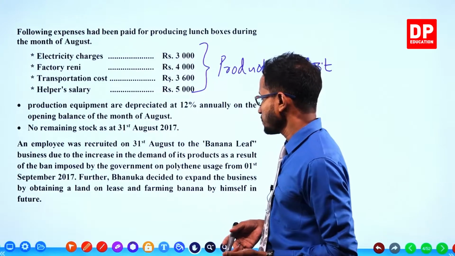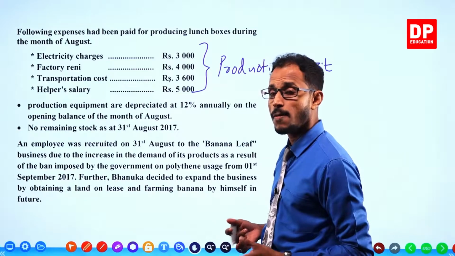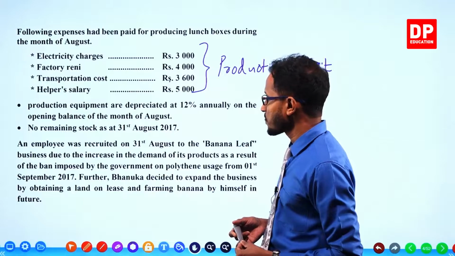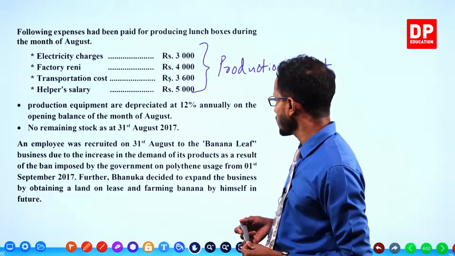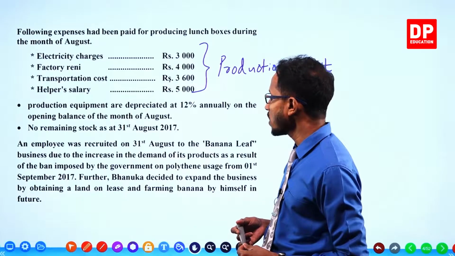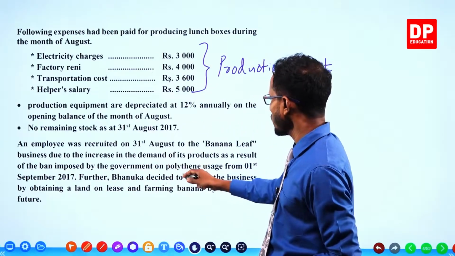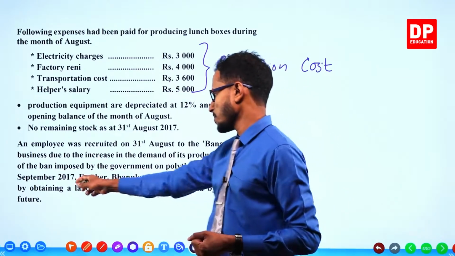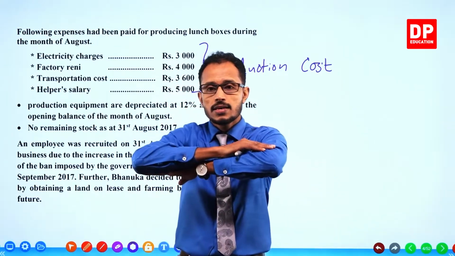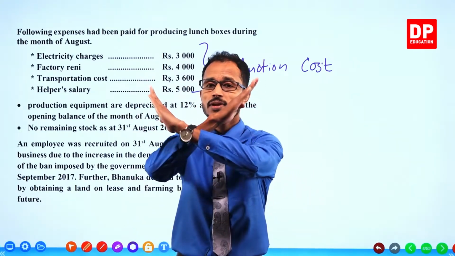Employee was recruited on 31st of August. Now that is a management function. Oh yeah, due to the increase in the demand for the products. Because a ban was imposed by the government on polythene usage from 1st of September. There is a ban, no polythene products in the country.